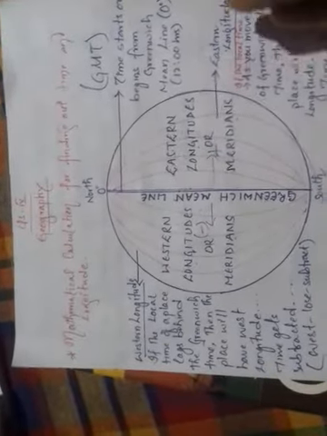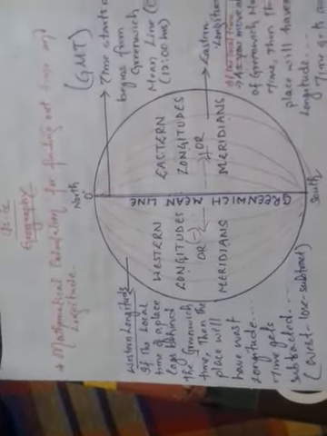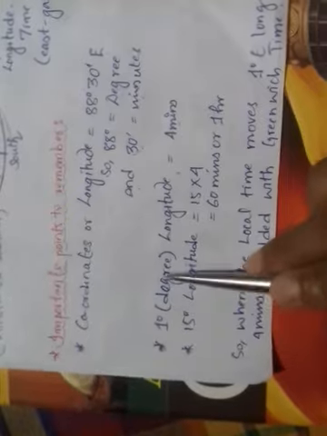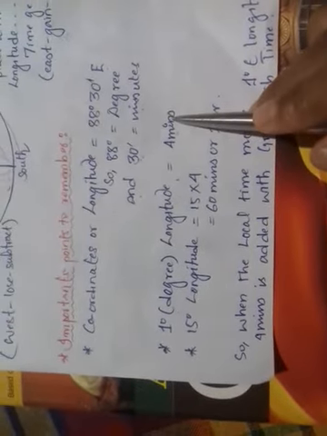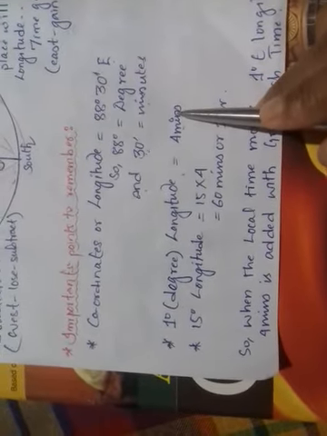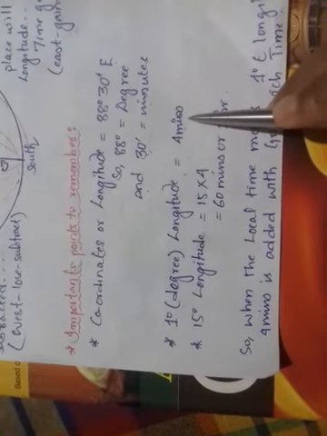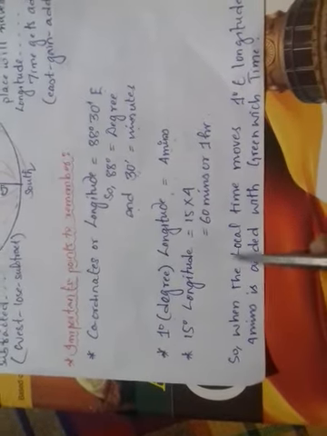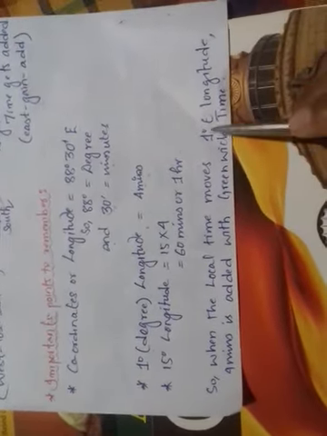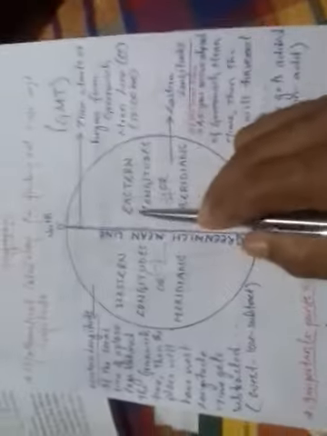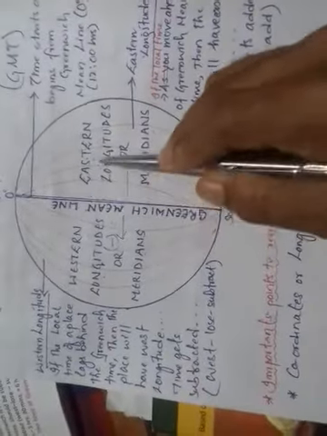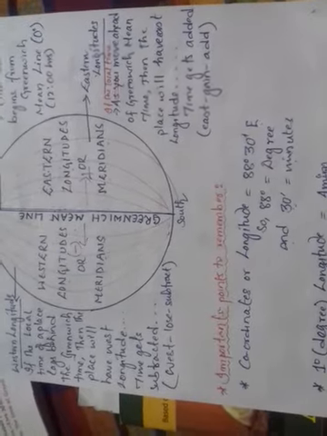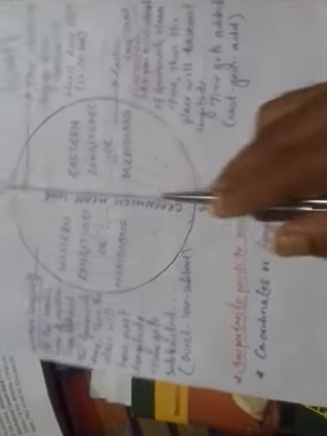Now, how much time will be added in each degree? Some important points to remember: 1 degree longitude equals 4 minutes. When you move 1 degree east longitude, 4 minutes is added to Greenwich Mean Time.